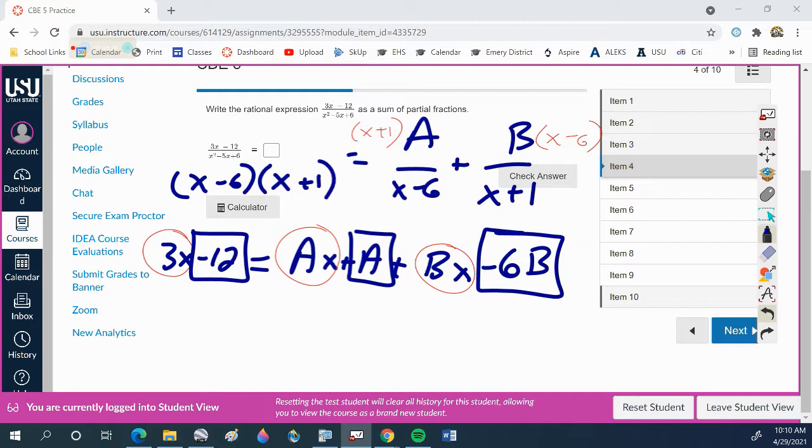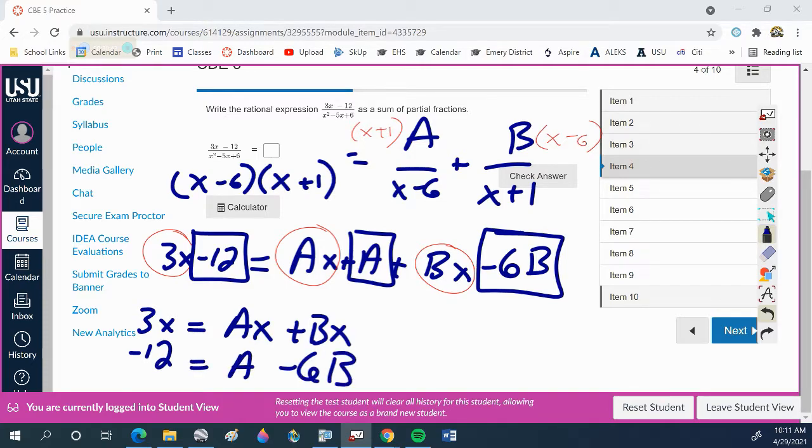So for my x equation, I have 3x equals ax plus bx. And for my non-x equation, I have negative 12 equals a minus 6b. But I don't need the x's anymore. They're just kind of in the way. So I get rid of the x's to isolate just the a's and b's.